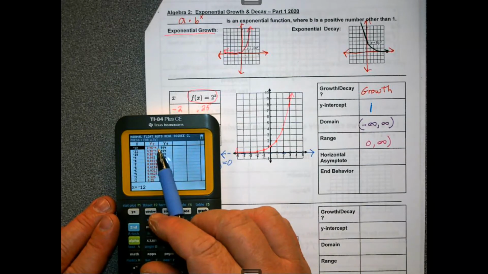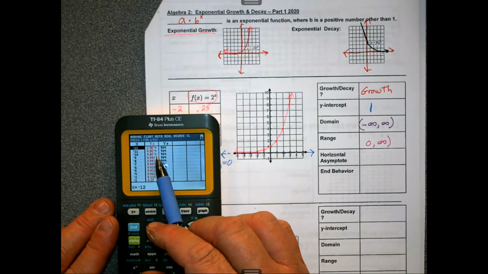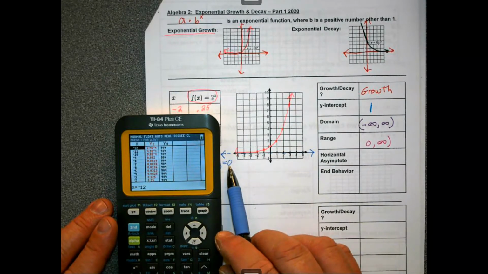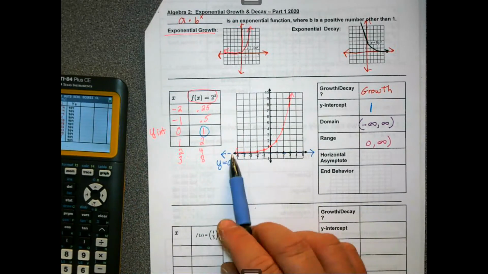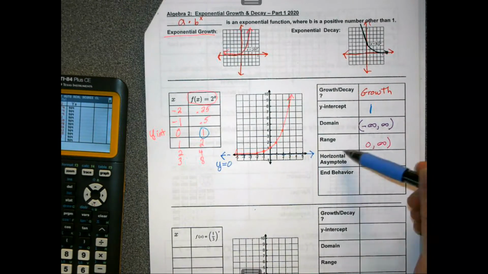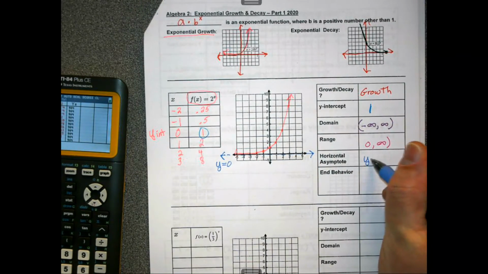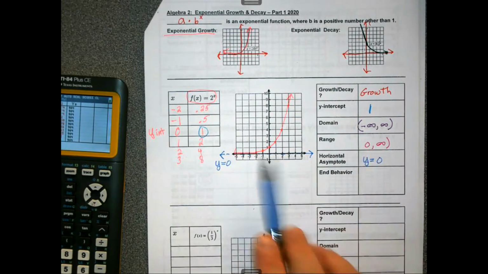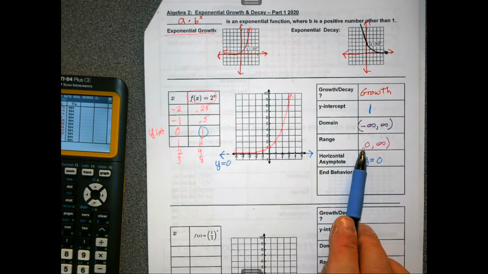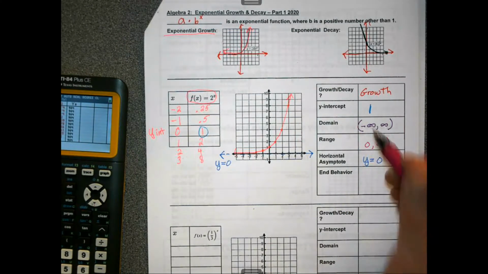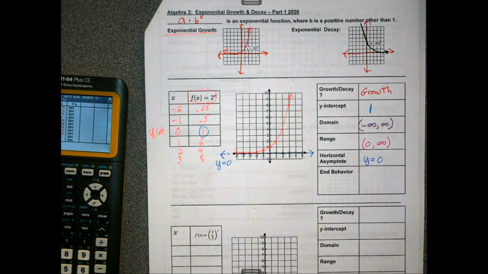In fact, it's getting so small your calculator has to put it in scientific notation. It never touches that 0 value though. So we call this line where the graph comes down and tries to reach 0 the horizontal asymptote. That's that y equals 0 equation. Now, because it never reaches 0, for the range, we'll just put a parenthesis there so it doesn't include 0.